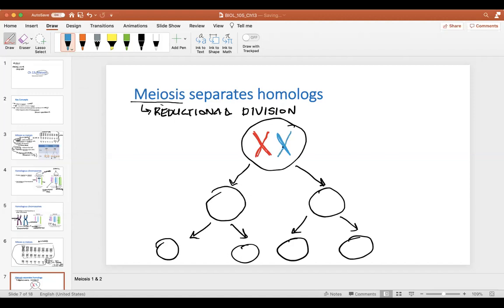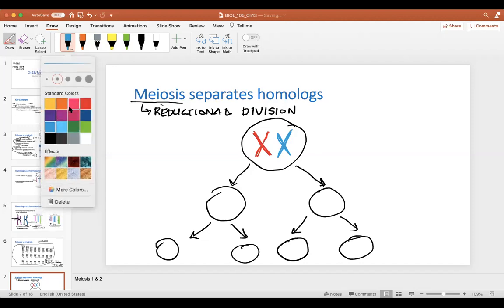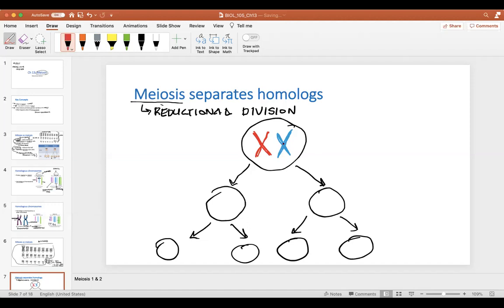Now, I hope you can see that I intend for these to be 2 homologous chromosomes. They are the same size, they are the same shape, okay? In my little diagram, I have them joined at the center here, so it's understood that there's a centromere there and a centromere there. And you can see that you've got 2 sister chromatids on the red, 2 sister chromatids on the blue, okay?